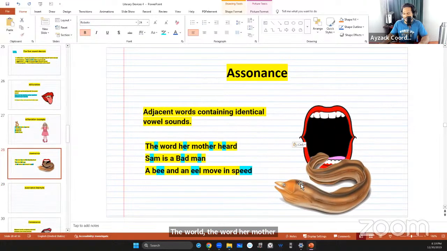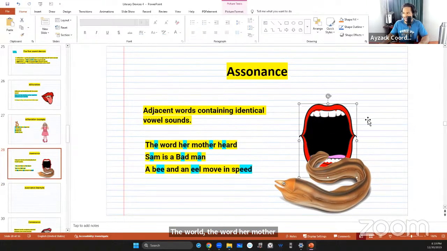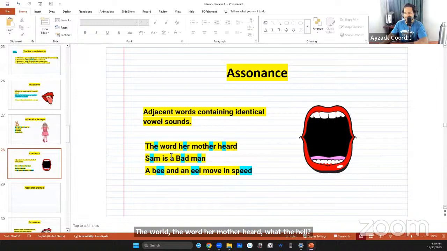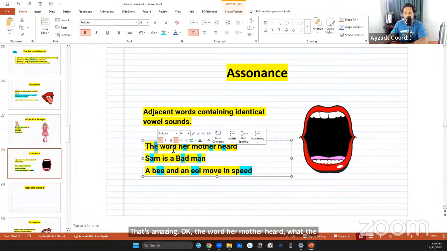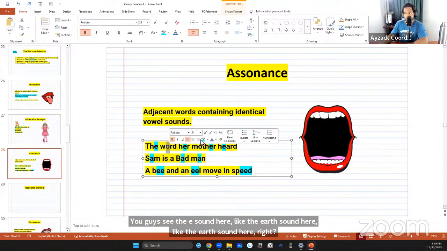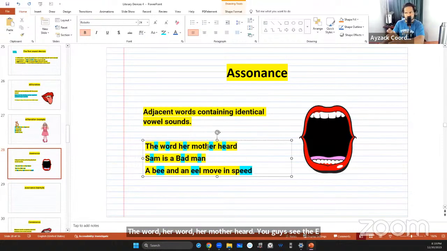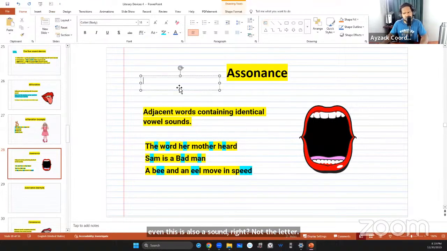You guys see the same sound here, right? Her, mother, heard. Even this is also a sound, right? Not the letter. Don't look at the letter, look at the pronunciation, all right? Do not consider the letter.